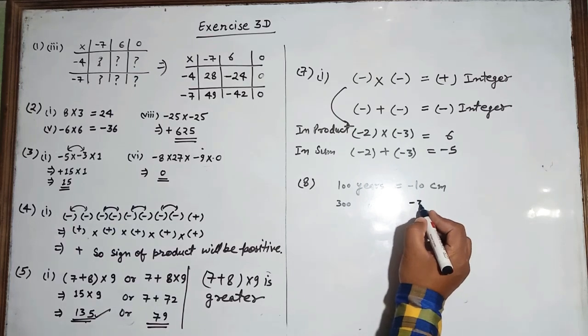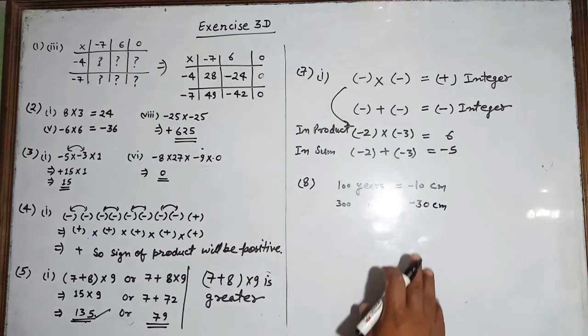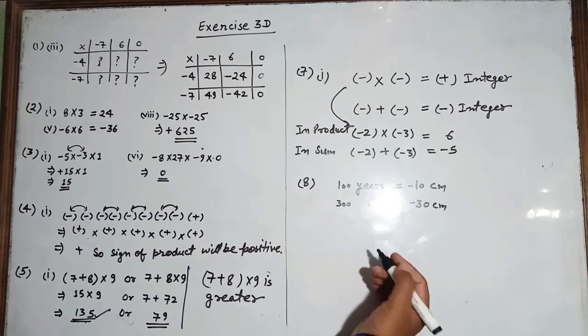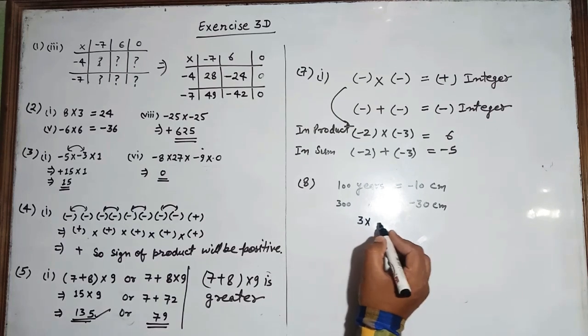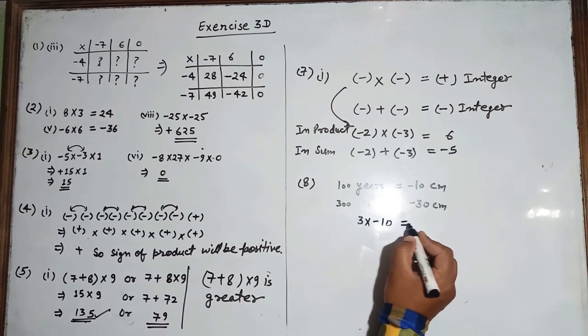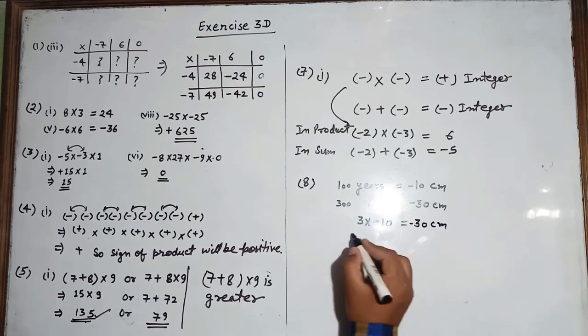Because it is sinking, we write it with a negative sign. So the expression is 3 into -10, which is -30 centimeter. This will be our expression.